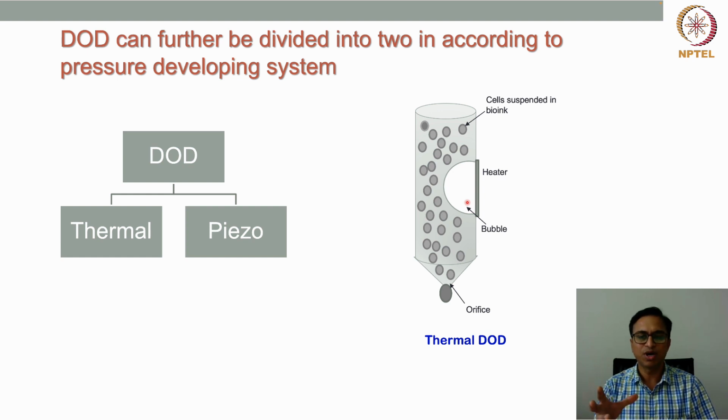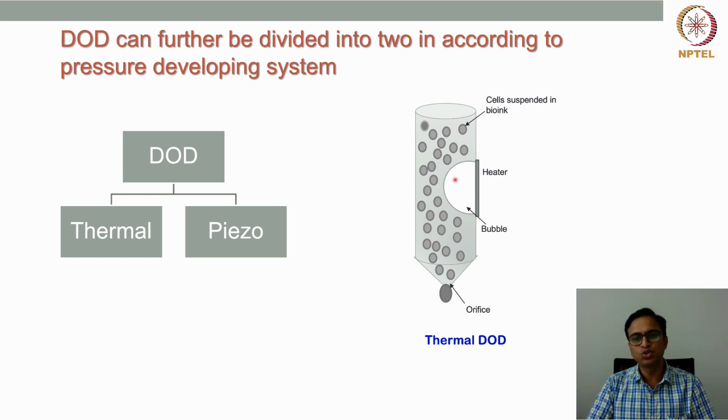That will increase the volume and it will then burst. So due to this bubble production, there will be a pressure pulse created within the liquid column, and due to this pressure pulse, the droplet will be produced. When the bubble is growing, the increasing volume creates a pressure on this liquid chamber, and then a droplet will be produced. Now, depending on the frequency of this bubble production, the droplets will be produced one after another.